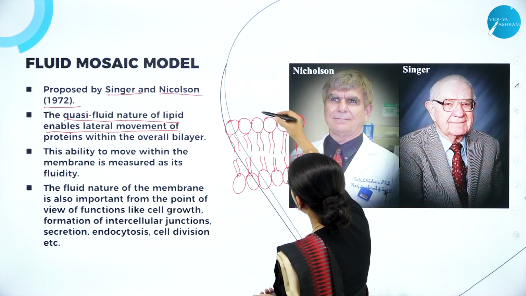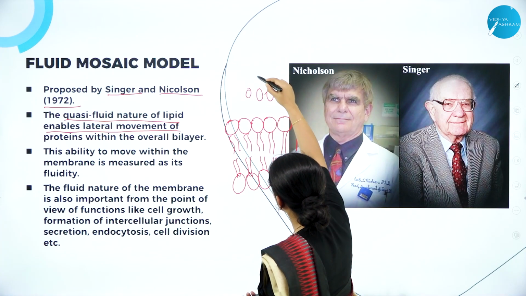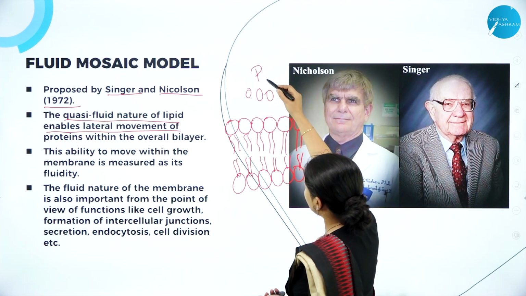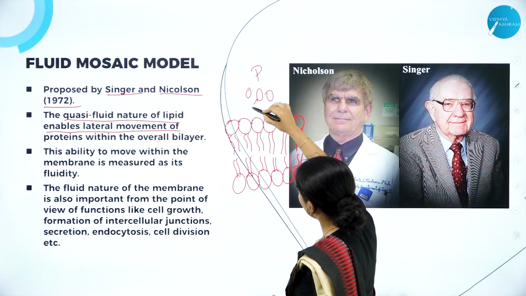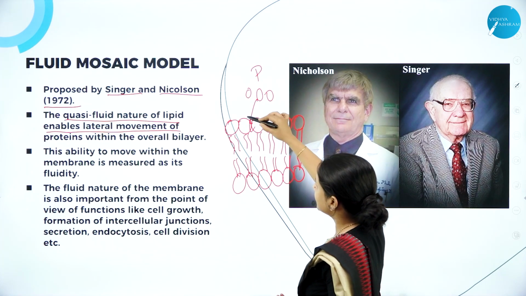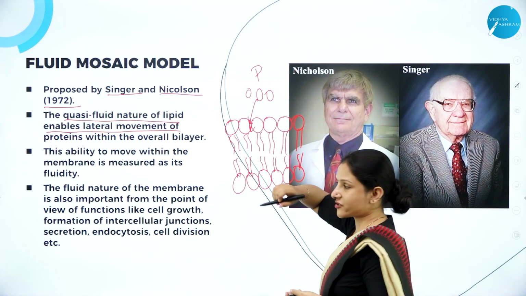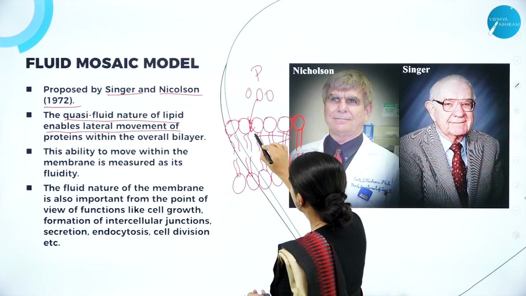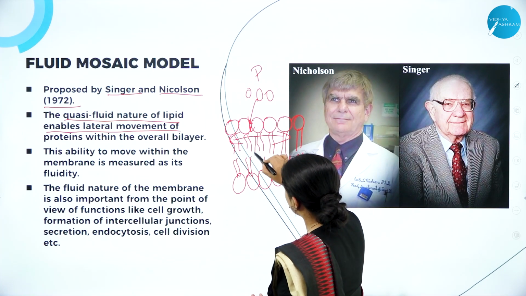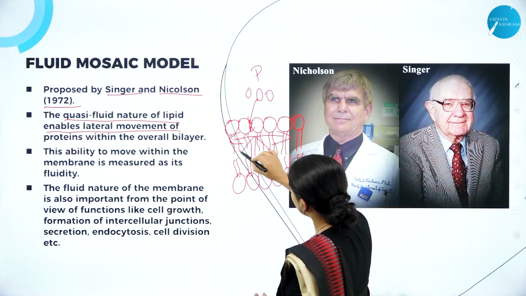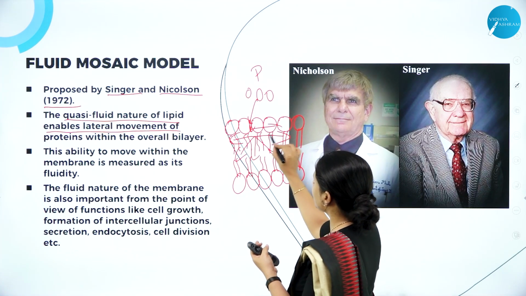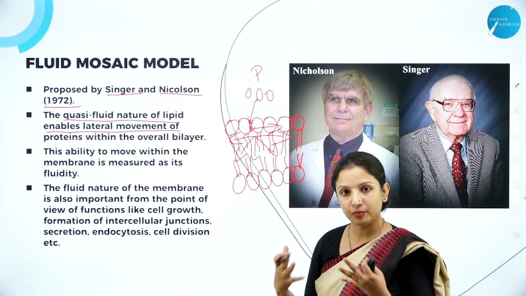Here, whatever protein, so these are the protein molecules, I'll write it as P. Whatever proteins are trying to enter, it is not necessary that they have to move in one direction only. They can go here, they can go here, they can go diagonally like this. Wherever they want, they can travel across the lipid bilayer.